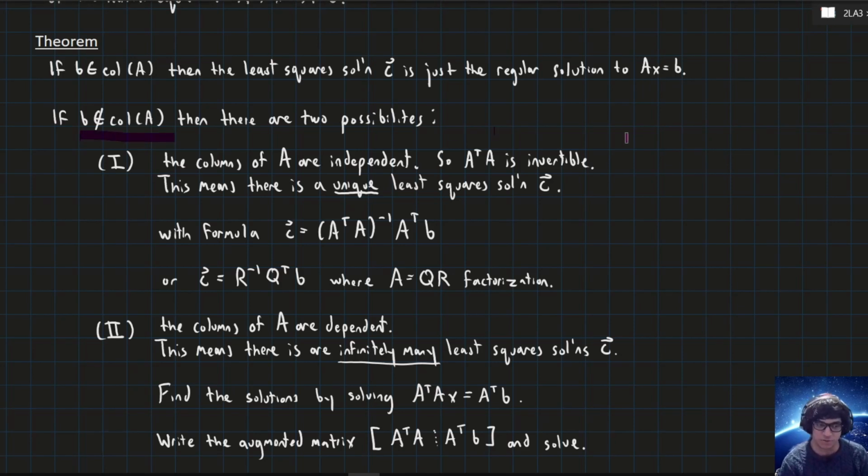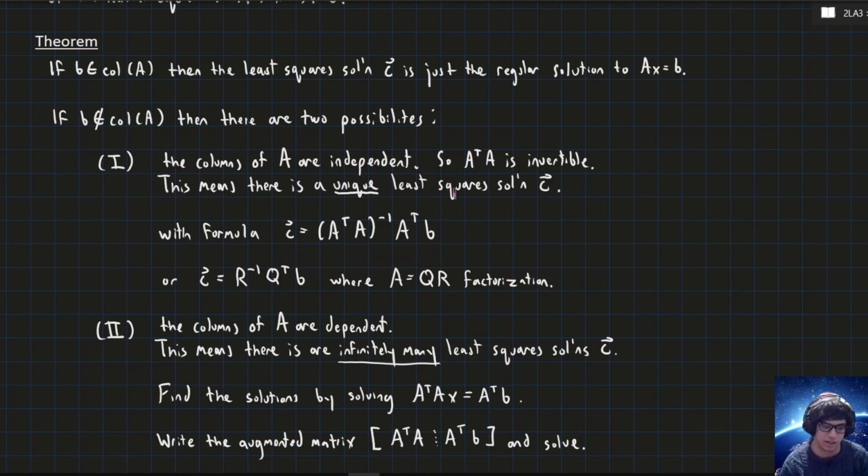Then there are two possibilities for the solution set. One possibility is that the columns of A are independent. That means A transpose A is invertible, a fact we mentioned previously. This means we get a unique least squares solution, and it has this formula, the formula we worked out when computing the projection.